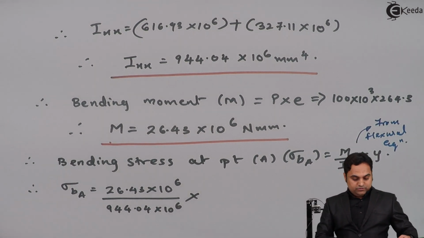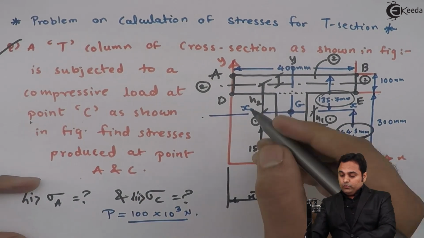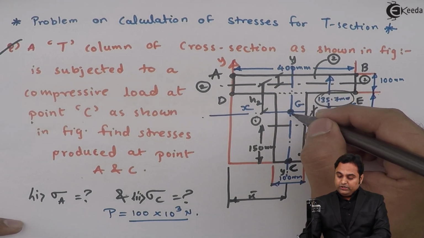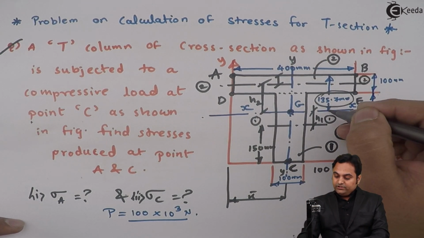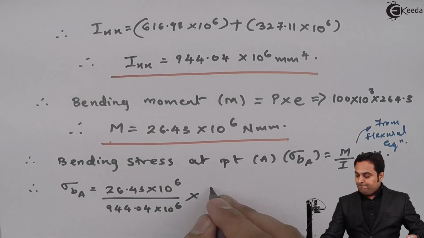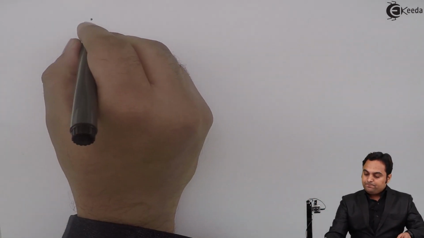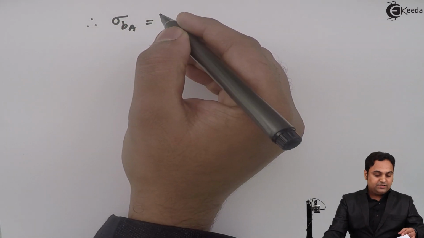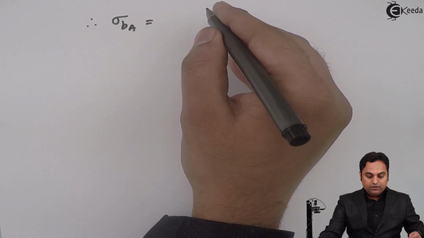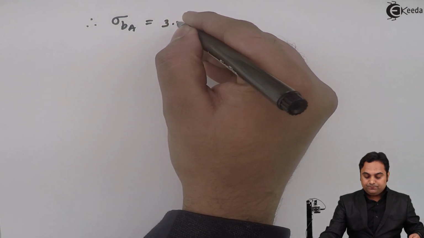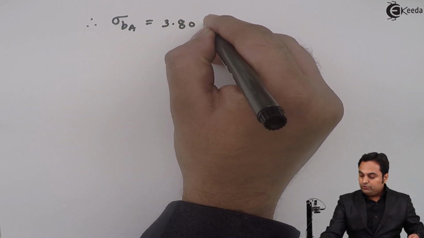For point A, the distance from the centroid up to point A is 135.7 mm. So I get the bending stress at A, and my answer is 3.80 Newton per mm square.